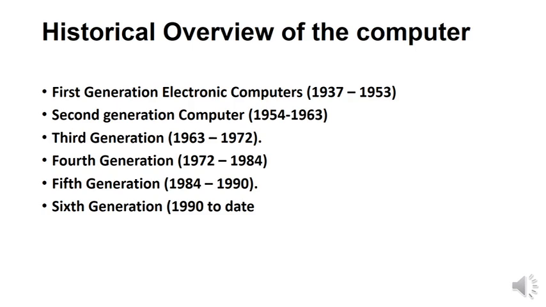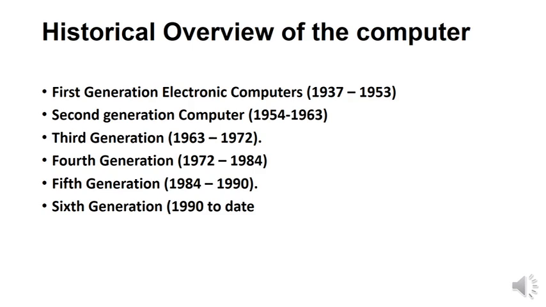So these are very important developments from that time. During this second generation, many high-level programming languages were introduced, including FORTRAN in 1956, ALGOL in 1958, and COBOL in 1959.